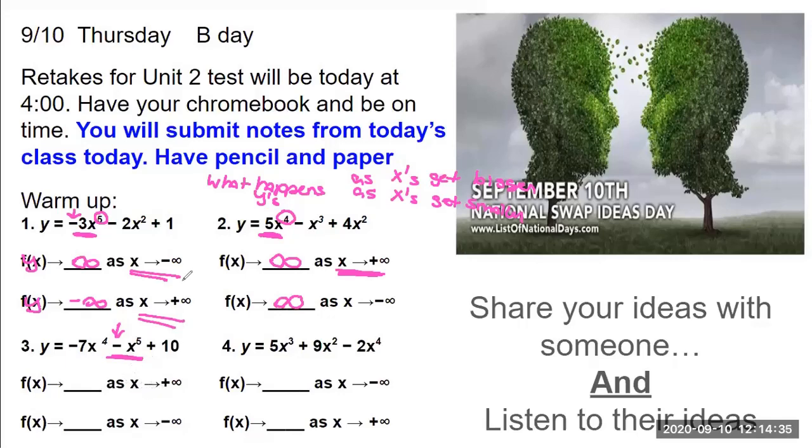And I want you to notice how sometimes it's first and sometimes it's second. You actually have to read it. So that means as the x's get bigger, the y's get smaller. Now, what does this tell me? That it's the opposite, so the other one has to be different. That means as the x's get smaller, the y's get bigger.